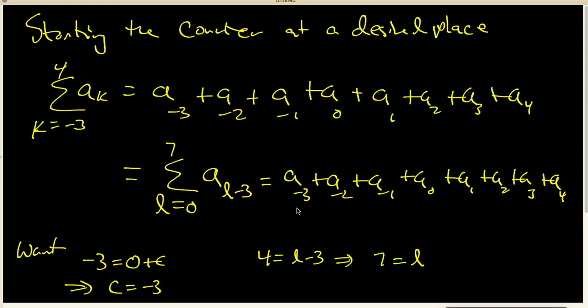I just want to count: L is equal to 0, 1, 2, 3, 4, 5, 6, and 7. So we can change counters with just a little bit of algebra, and we can either simplify the subscript on our term, or we can change the counter so that our counter goes from where we want to start it to wherever its natural ending point would be.